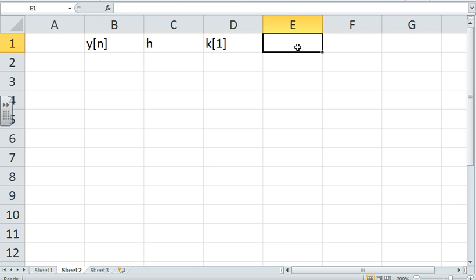And we're going to need a u of n plus 1, and then a k2, and then a y of n plus 1.